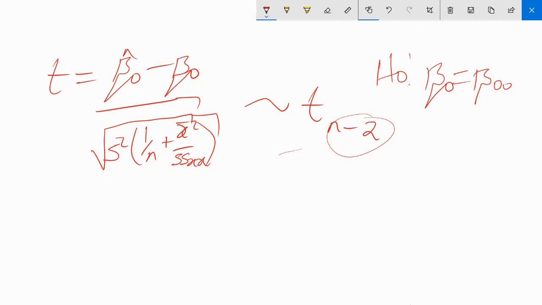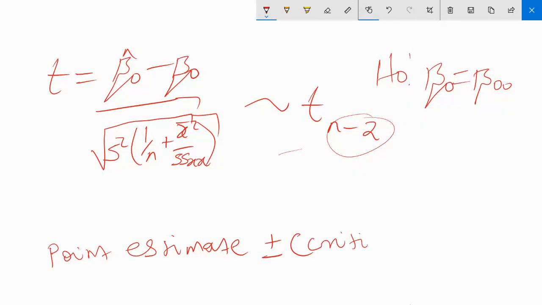We can also calculate a confidence interval, because this is the standard error. When we calculate a confidence interval, we have a point estimate. The formula for the confidence interval is the point estimate plus or minus the critical value, which is the value from the table, multiplied by the standard error.